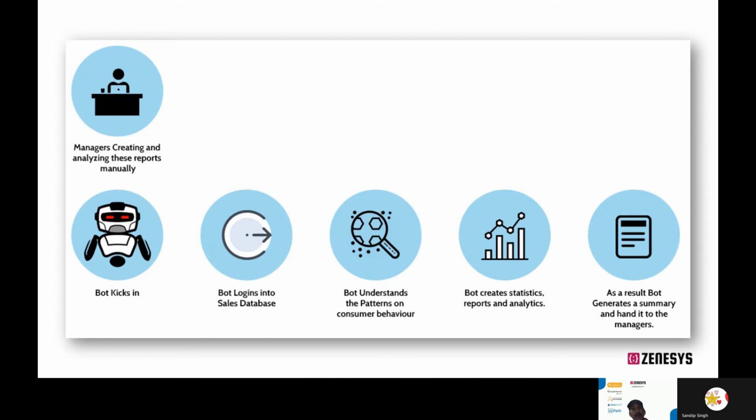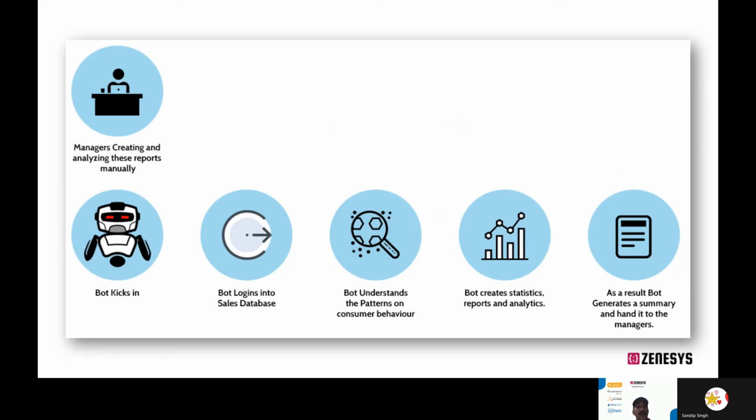Even if we have a BI application that can pull those graphs for you, all this is a manual process. Even after this, managers have to look into it from the statistical point of view, and then produce human readable information rather than visual information. So if they don't come up with a marketing strategy in time, that means that things have gone out of hand, and it's pretty critical.